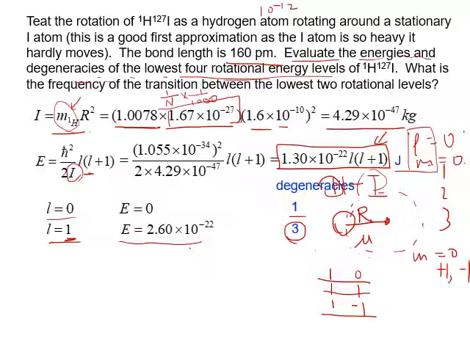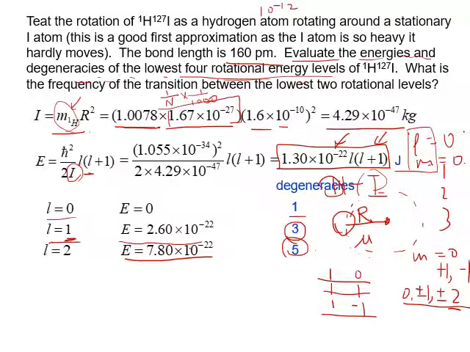Now what about L equals 2? When L equals 2, again plug in this equation, the allowed energy is this one, and M can be 0, positive or negative 1, positive or negative 2. The maximum M is L, so positive or negative 2. So you have 5 possible M, and the combination with L gives you 5 wave functions, and therefore the degeneracy is 5.